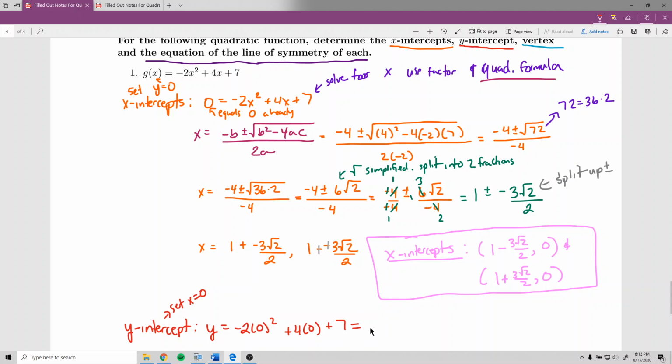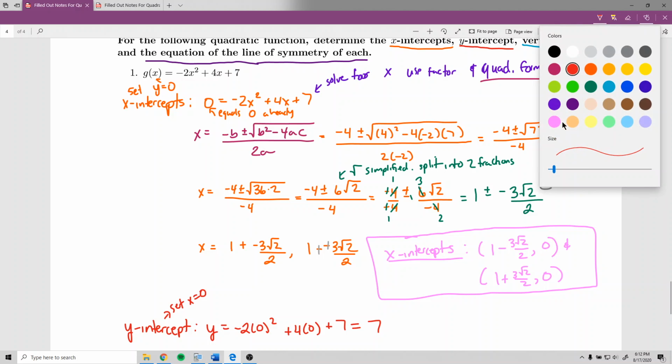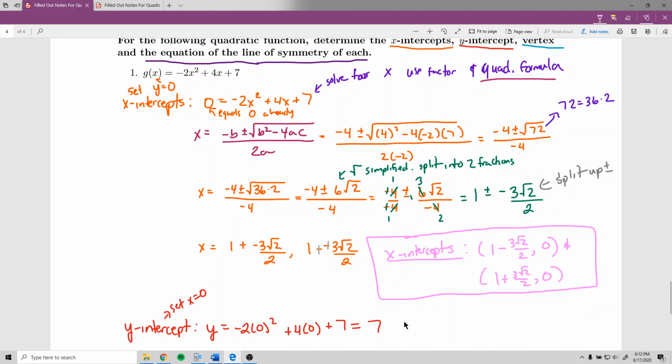And this boils down to just being 7. We got that simplified. We have our y-intercept. Just make sure you don't forget that it's also a coordinate pair. X equals 0, y equals 7. Every parabola has exactly one y-intercept. No more, no less.